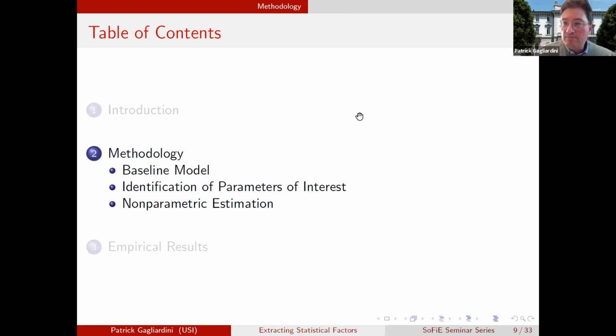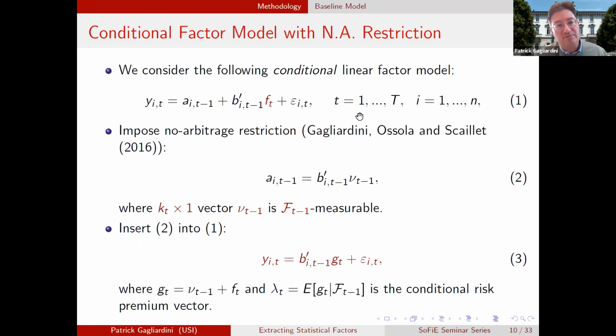So in this part, I would like to present the methodology for this paper. So we consider a model defined here in this equation, where it's a conditional linear factor model.